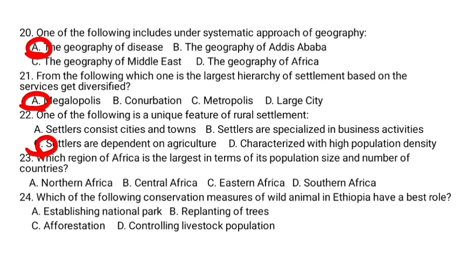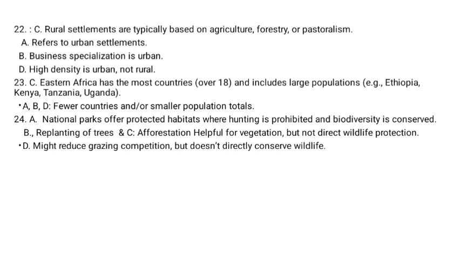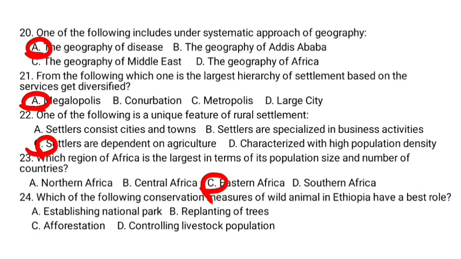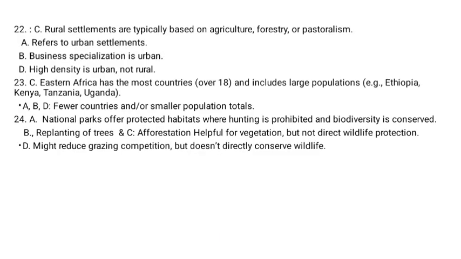In terms of its population size and the number of countries, Eastern Africa is the largest. C is the correct answer. Establishing a national park is a conservation measure for wild animals in Ethiopia and has the best role, while replacing or replanting of trees and afforestation are helpful for vegetation but not direct wildlife conservation.